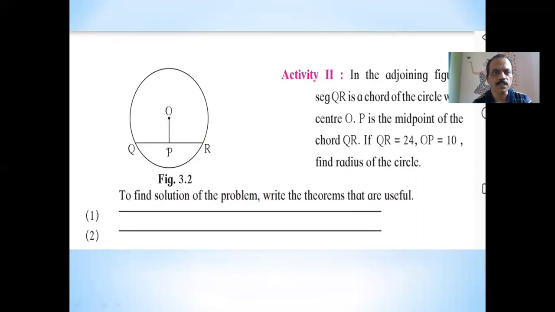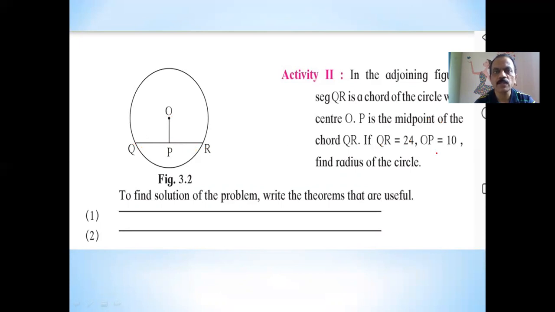That means QP is congruent to PR. Now here is the right angle triangle OPQ. In this right angle triangle, we find the segment OQ. How will it be possible? We are given QR is equal to 24, so QP is equal to 12. This segment is 12, PR is also 12.